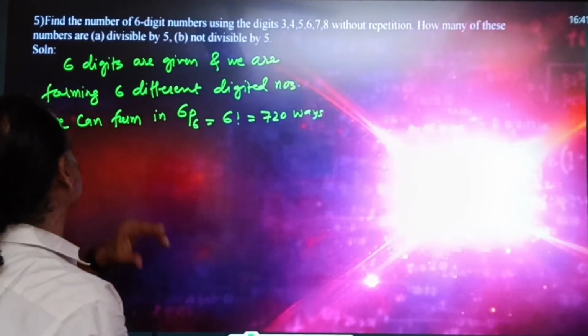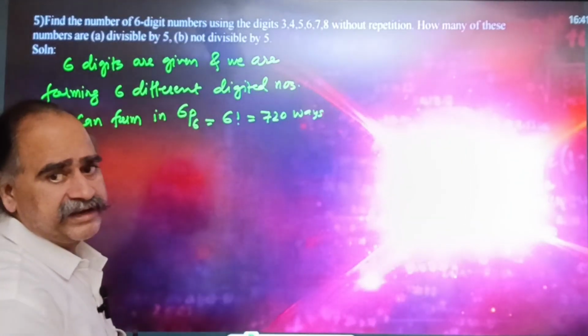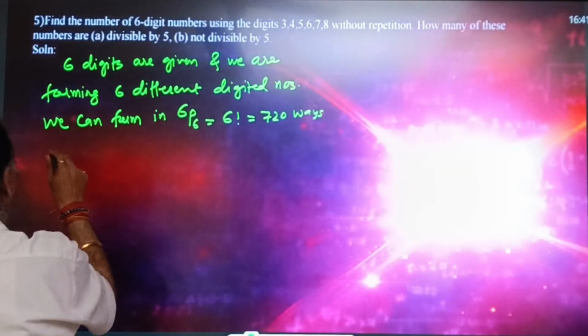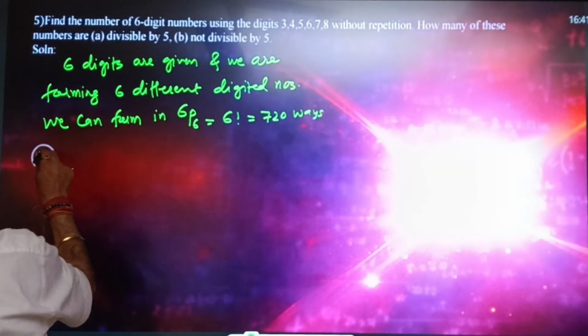Now in the first part we want numbers divisible by 5, A part.